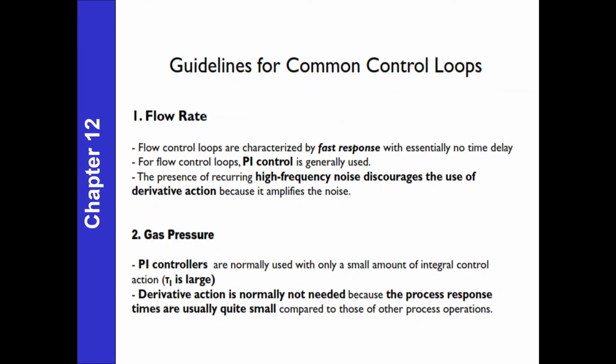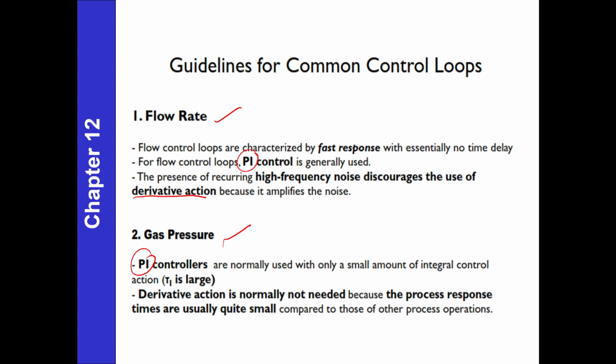And then this is my last topic, actually my last two slides, about a general guideline. When you have a flow rate, you should use PI. When you have a pressure, you should also use PI, because in these two cases, you don't need a derivative action. You don't need a derivative mode.